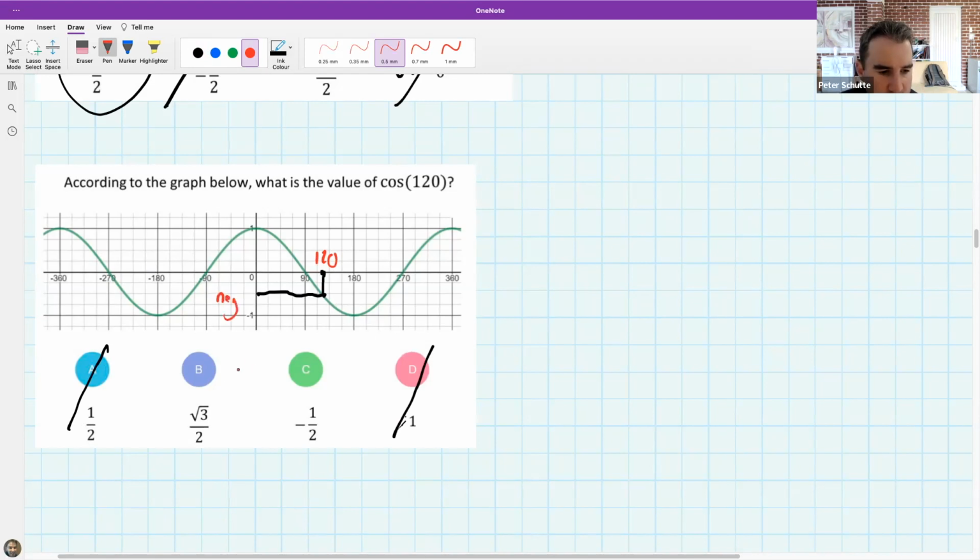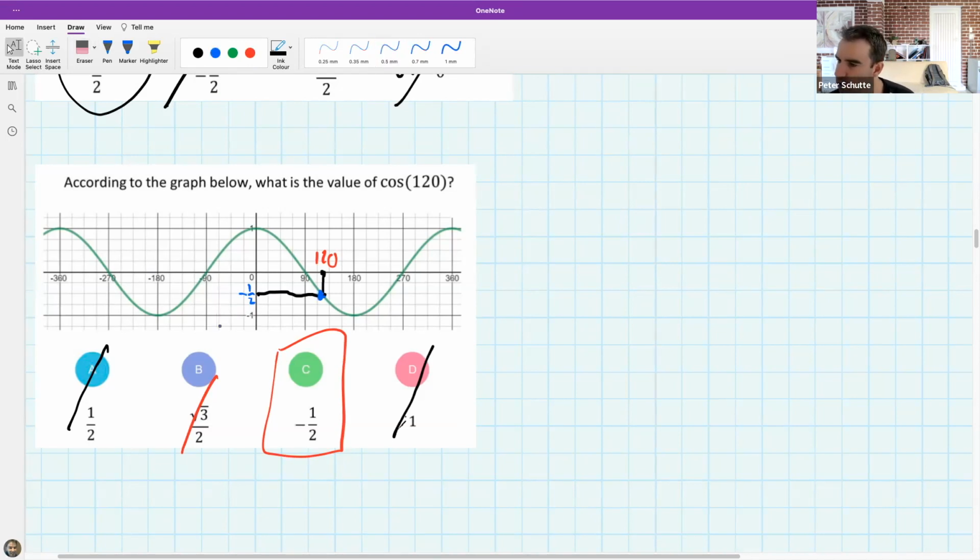So the only value that could be right would be value C, because the point that I'm looking at is here, its y value is going to be negative. It's going to be a negative a half. So the answer would be C.